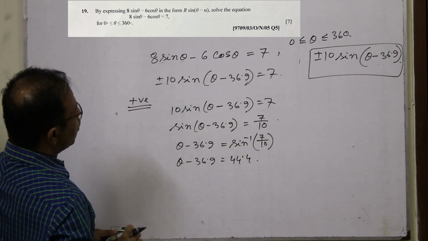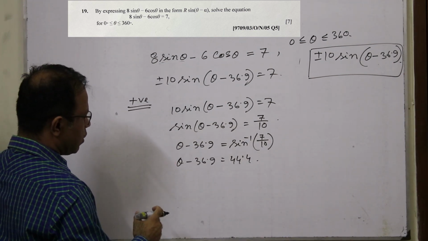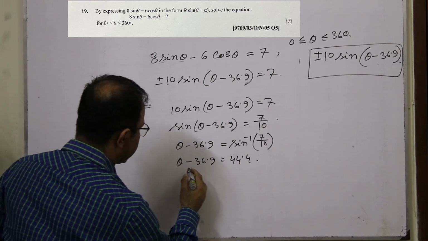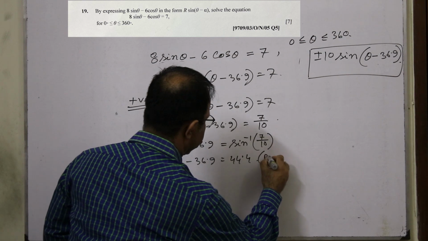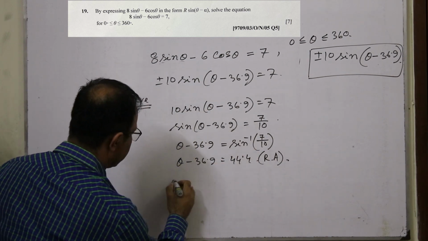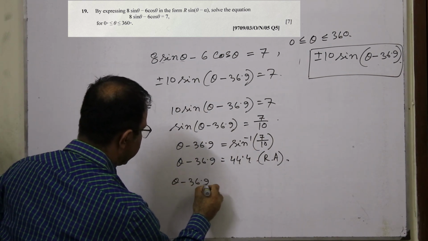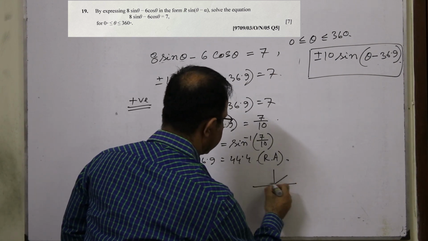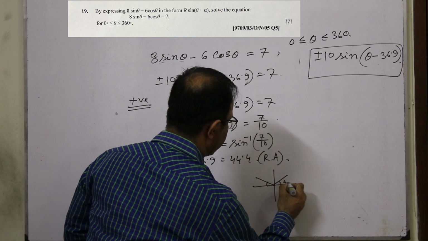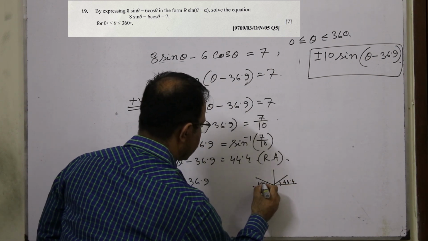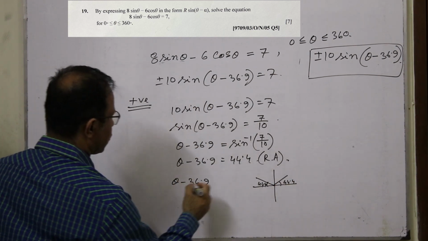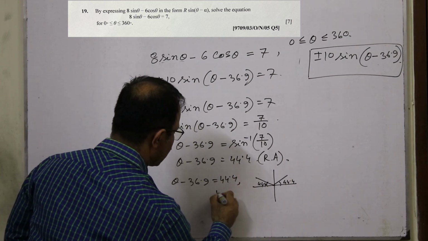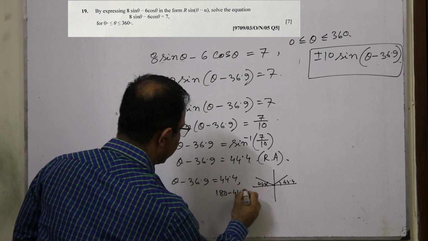Sine is positive in the first and second quadrant. So if we find all the solutions here, this is the reference angle 44.4. The first solution equals 44.4, and the second solution is 180 minus 44.4.